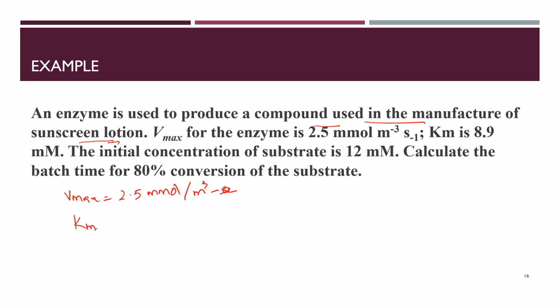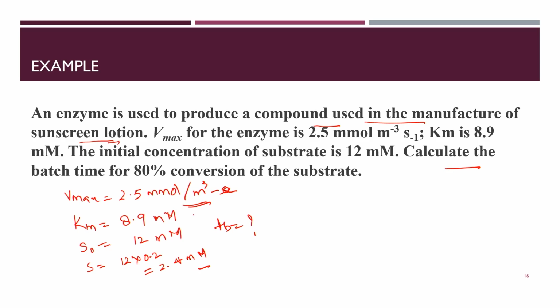Km is 8.9 millimole, S naught is 12 millimole. We have to calculate the batch time TB for 80% conversion. So, S will be 12 into 0.2, which is 2.4 millimole.